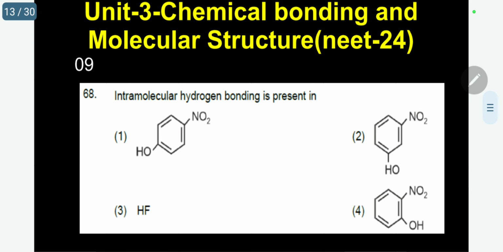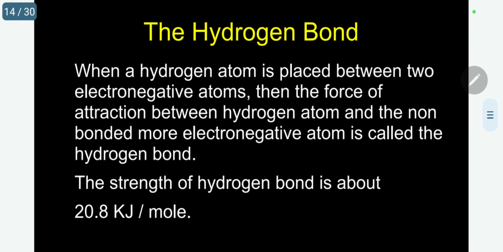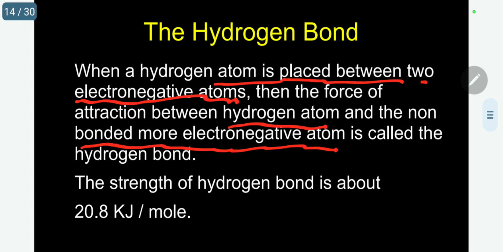So for that, what do you need? You must know what is hydrogen bond, how many types, what are the characteristic properties. So let me explain now. Kindly follow me. Hydrogen bond: when a hydrogen atom is placed between two electronegative atoms, then the force of attraction between the hydrogen atom and the non-bonded more electronegative atom is called hydrogen bond.